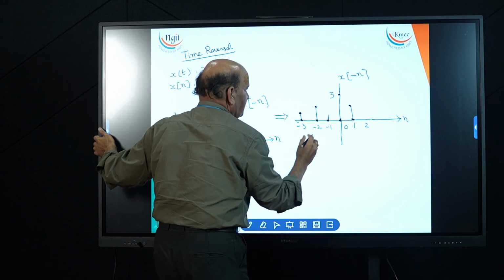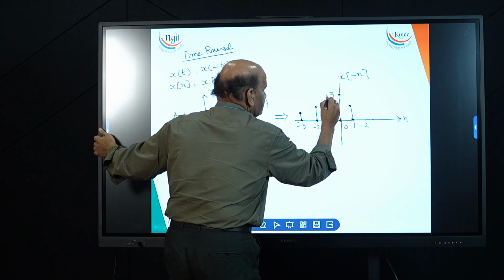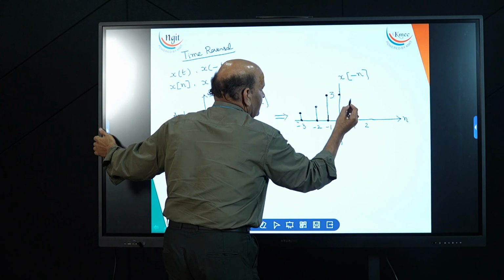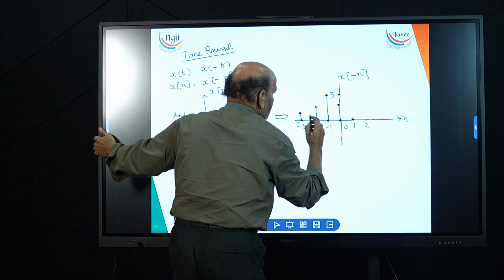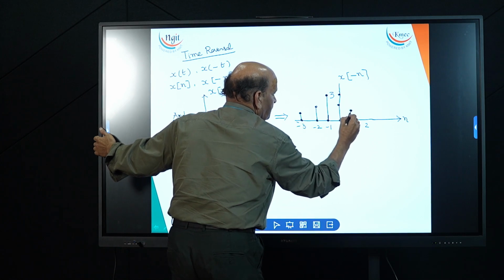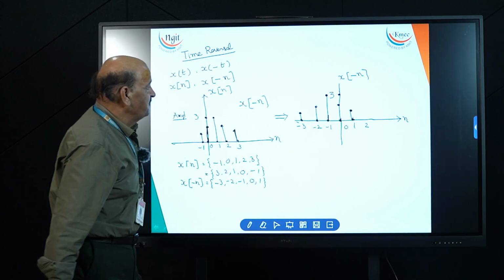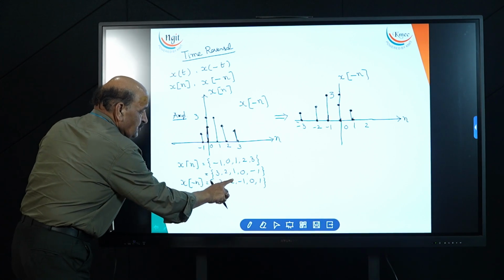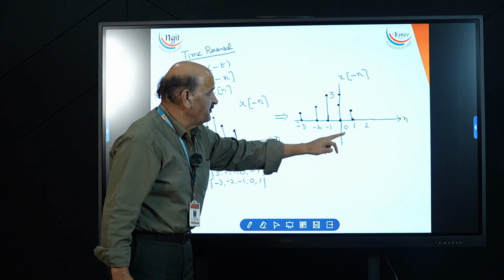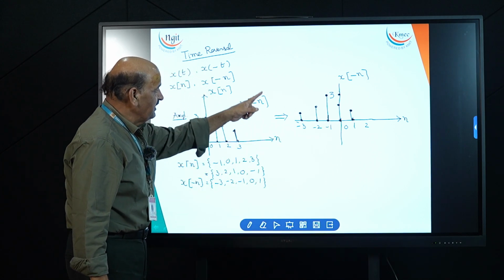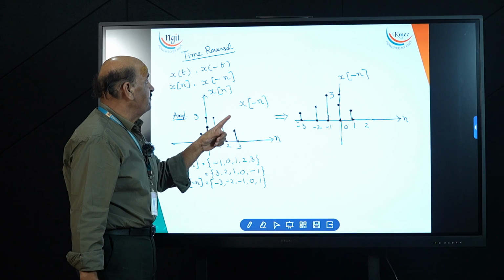The mid one is minus 1, so this minus 1 reaches the amplitude level. Next, these two are the same, and these two are the same. Because here there are 1, 2, 3, 4, 5 sequence numbers, this is the graph of x of minus n.